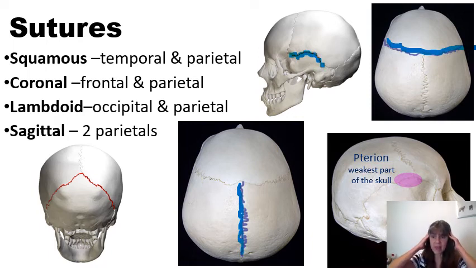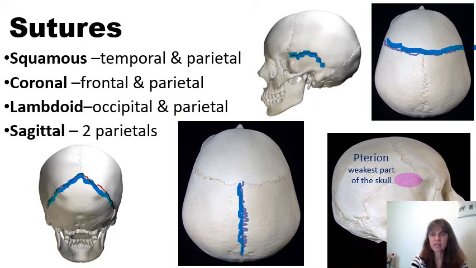Because the sides of the head are flat. Connecting the parietal bones with the occiput, we have the lambdoid suture. Lambdoid. It looks like the Greek letter lambda if you have this little additional line at the top.